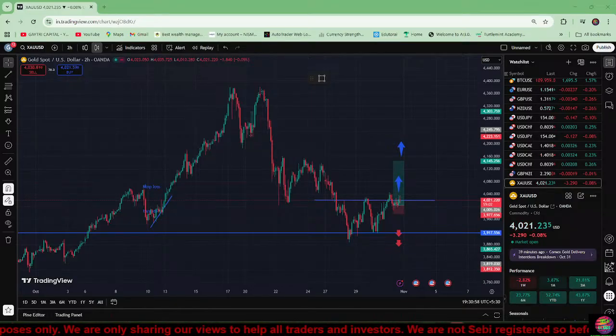Now, I can go on for hours about indicators and how all of them work. But the reality of the situation is that they all do the same thing. They just give you an indication if it's going to go up or go down. Now, there's no holy grail indicator that works. There's only one that I have tested, and I've tested thousands of these. There's only one that works.